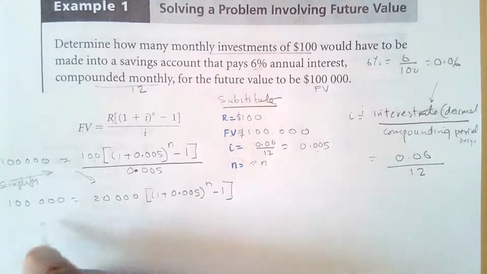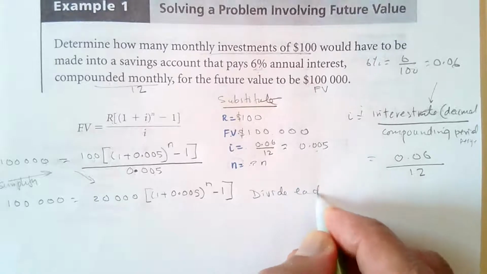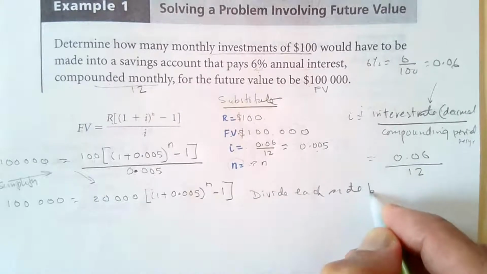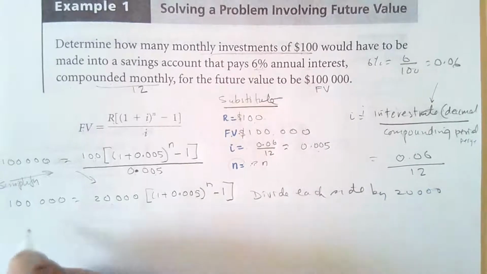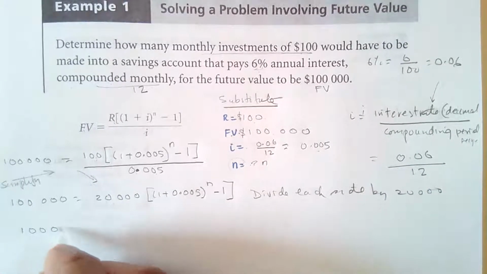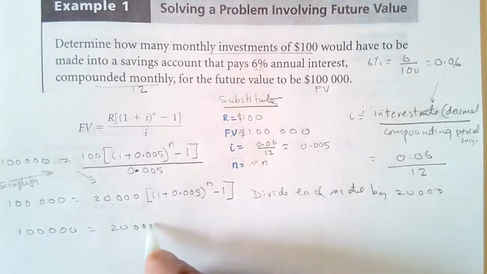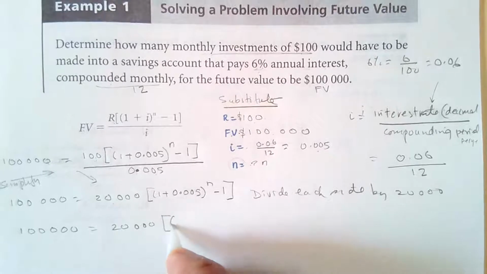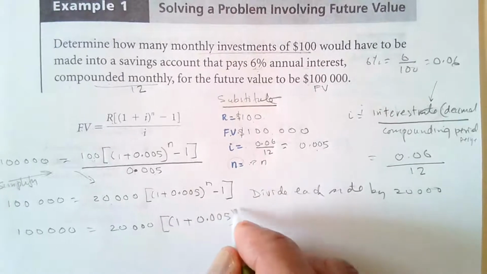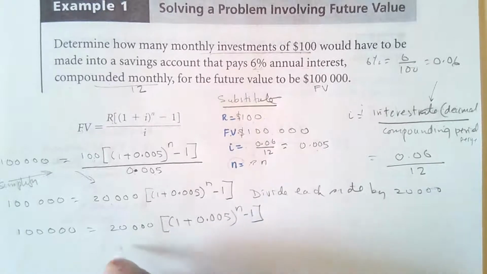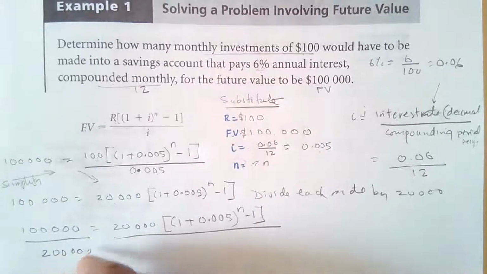Next, divide each side by 20,000. So we divide both sides by 20,000.